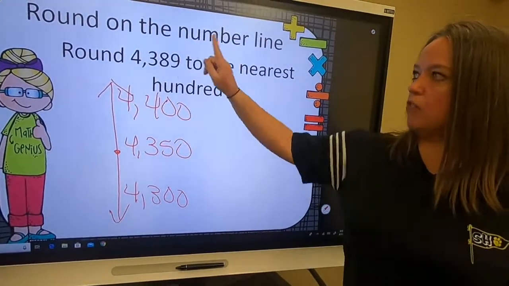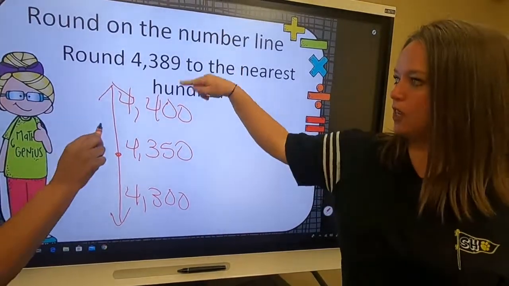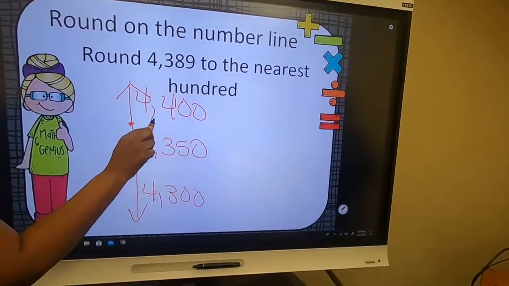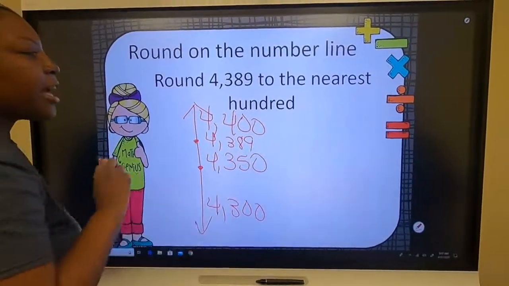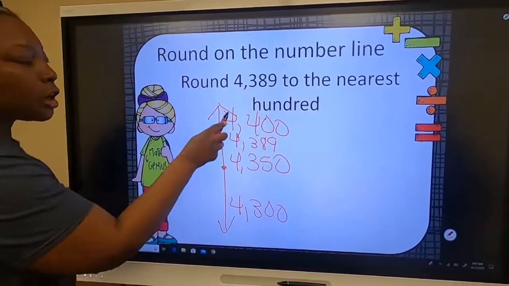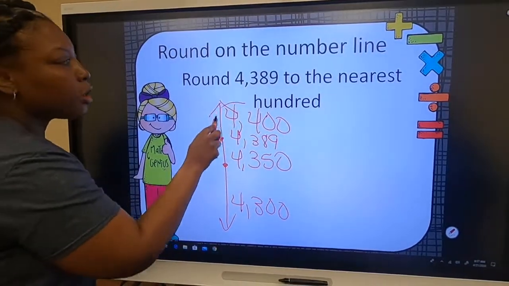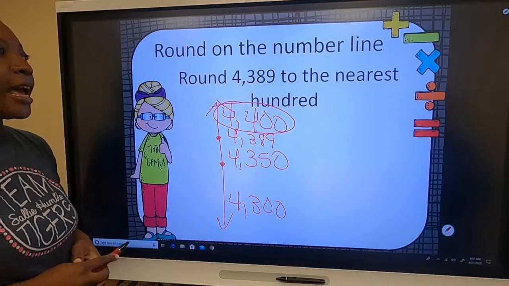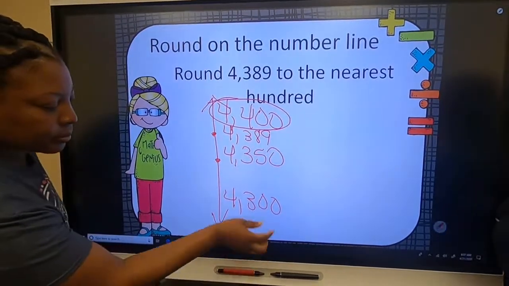So I say that 4,389 will go between 4,350 and 4,400. So I'm going to put 4,389 here. And that tells me that it's closer to 4,400 than it is to 4,300. So 4,389 rounds to 4,400. Is that what y'all had, boys and girls?